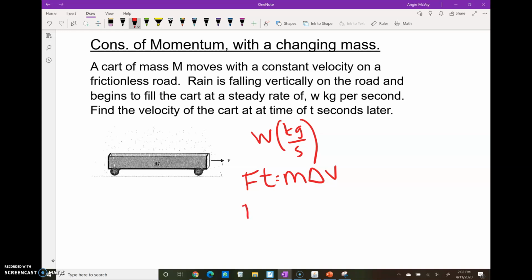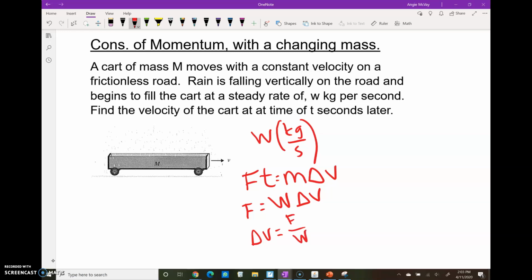Okay, so we can say force equals W times change in velocity, and find the velocity of the cart after t seconds later. Okay, so the change in velocity would be equal to force over W.